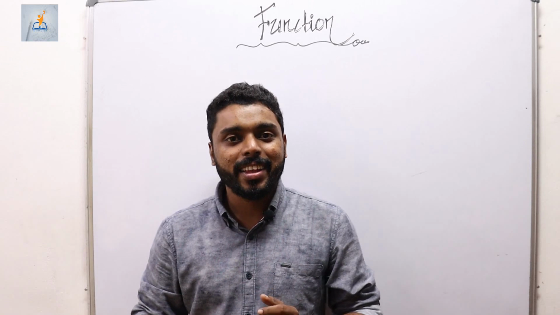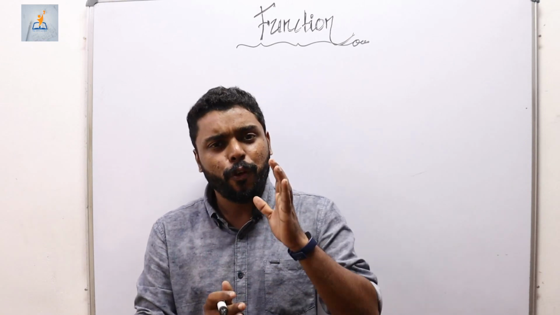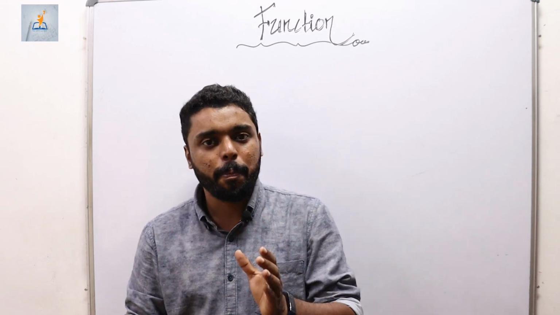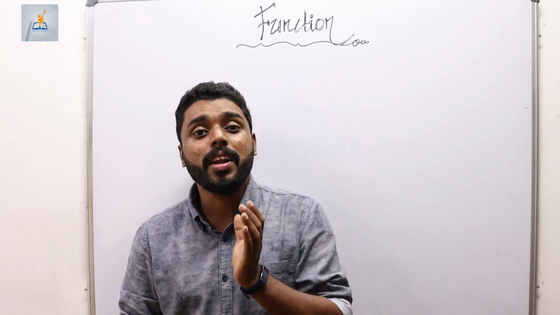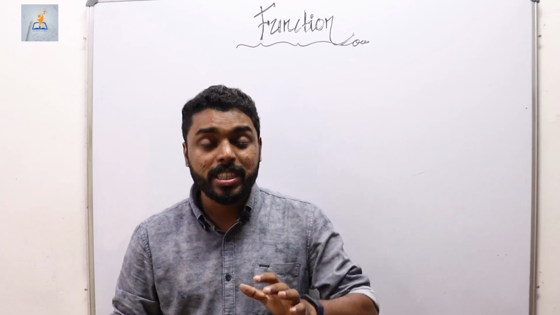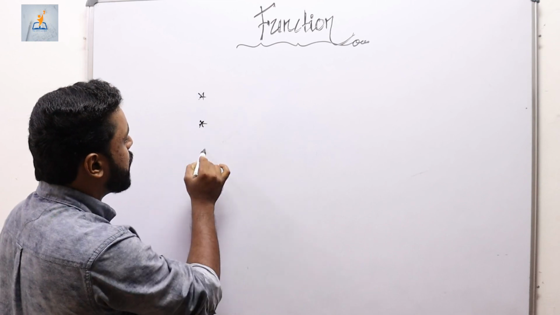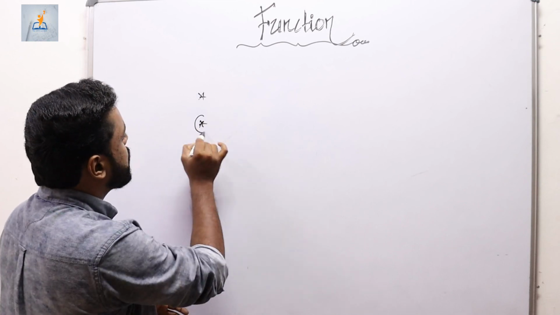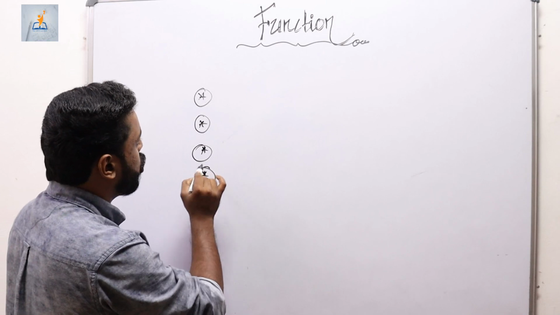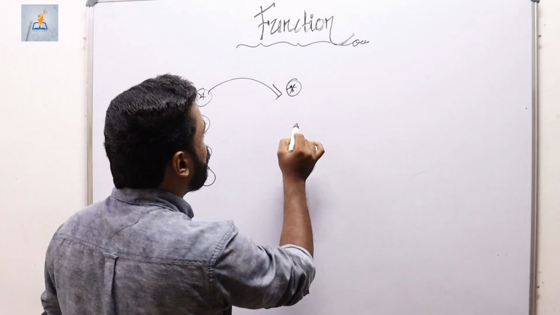So we have learned that a function is a relation such that each and every element in the set has one and only one image, isn't it? Which means that whenever we are given many points in the domain, each of these points is mapped onto a new number.